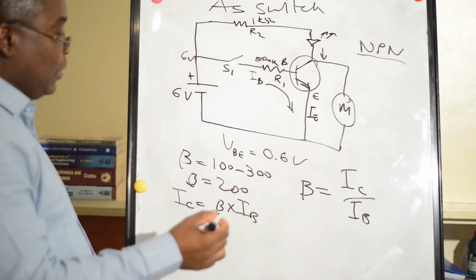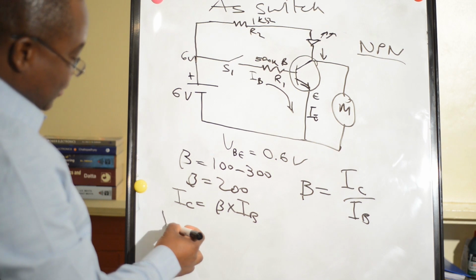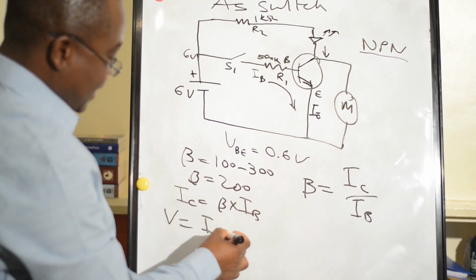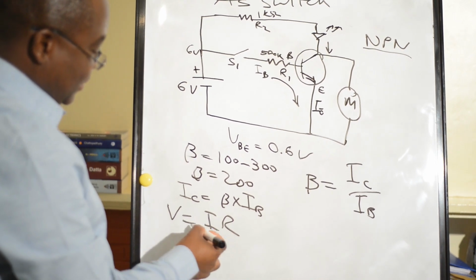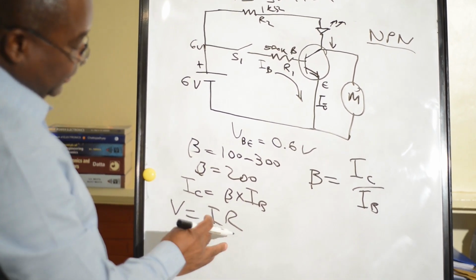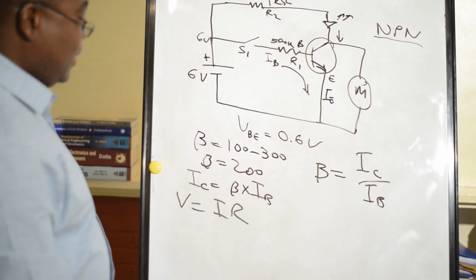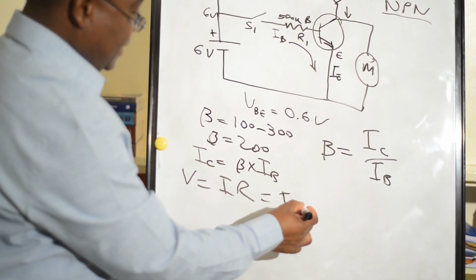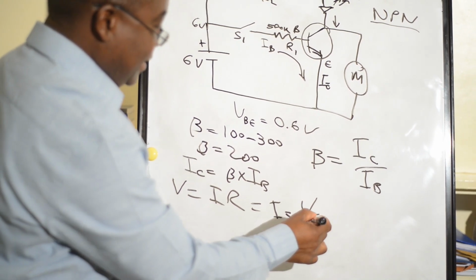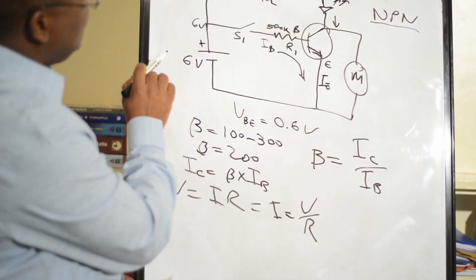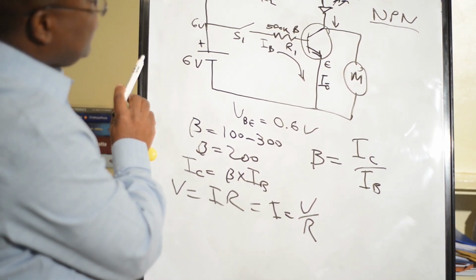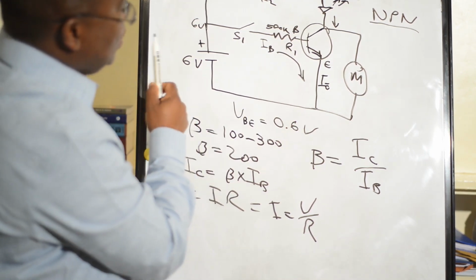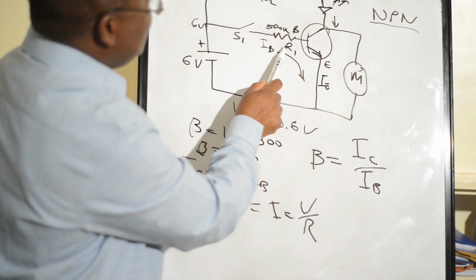By using Ohm's law, voltage is equal to current times resistance. So if we want to know the current, it is equal to voltage over resistance. If we want to know the current here, we have to know the voltage across the resistor.